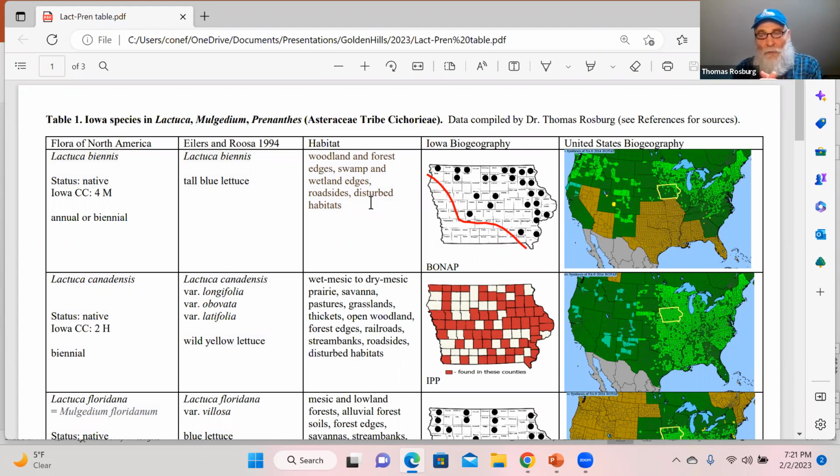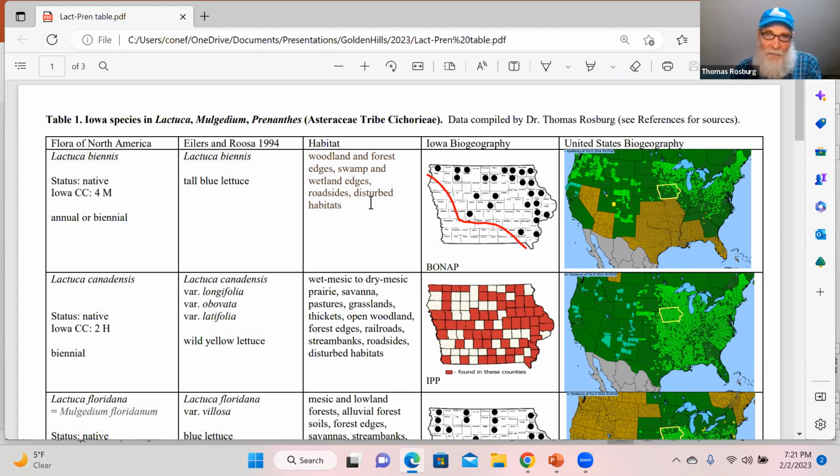If you wanted to include these in a seed mix, for example, a prairie seed mix, or if you were doing some woodland restoration, then it's very important that you know what the Iowa biogeography is, because not every species that's native to Iowa is native to every county. In fact, the far highest majority of plants are not native to every county.